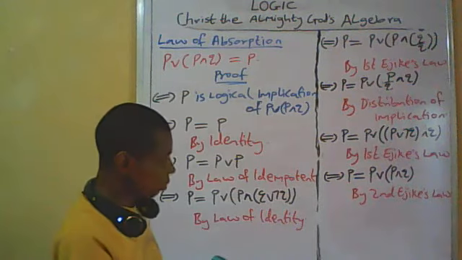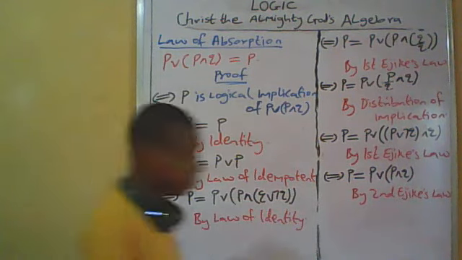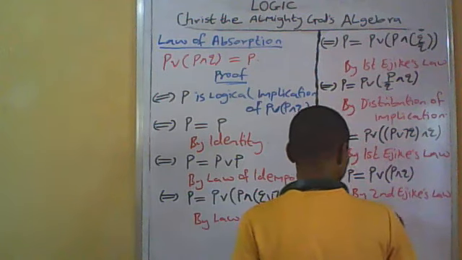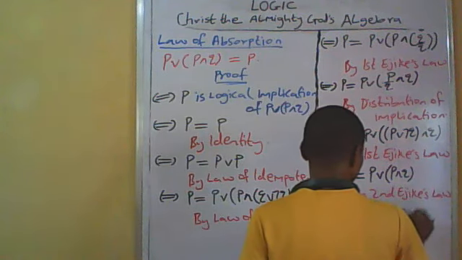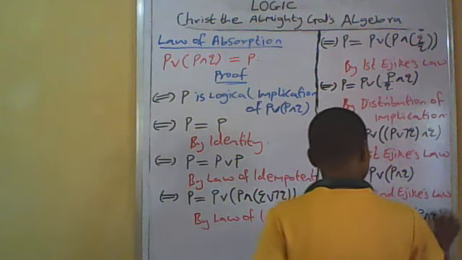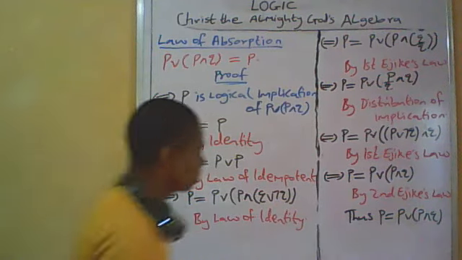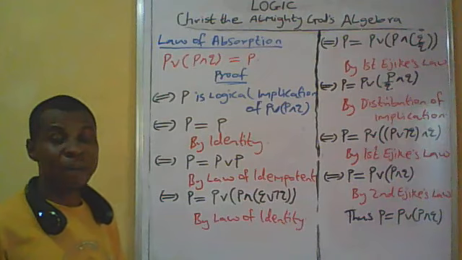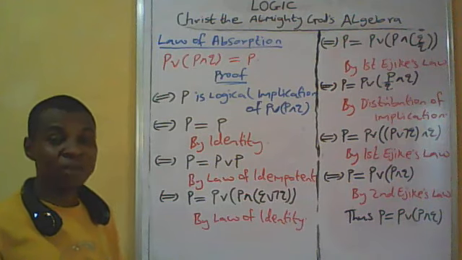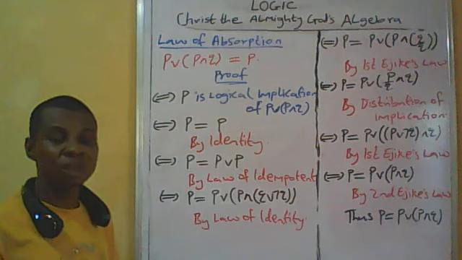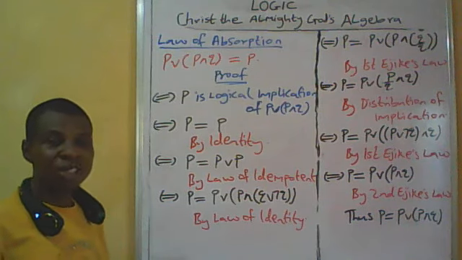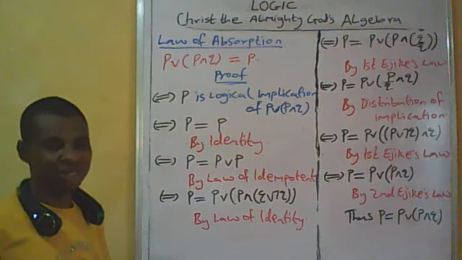So we then conclude, thus, P is equal to P or (P and Q). Now, having proved the converse by the principle of extensionality, we then establish that P or (P and Q) is equal to P, the law of absorption by disjunctive statement.